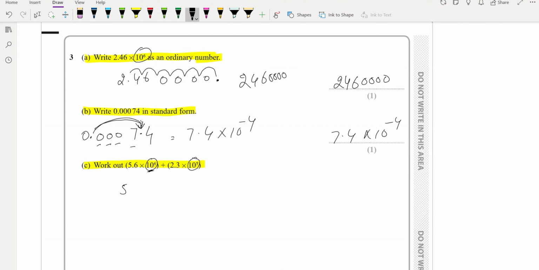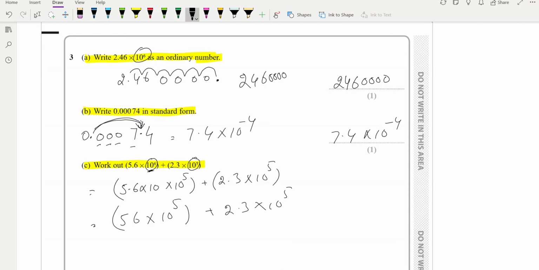So 5.6 times 10 raised to the power 5, plus 2.3 times 10 raised to the power 5, and we will rewrite it as 5.6 multiplied by 10 will be 56 times 10 raised to the power 5, plus 2.3 times 10 raised to the power 5.